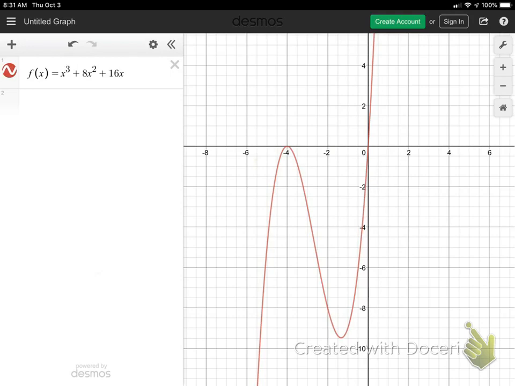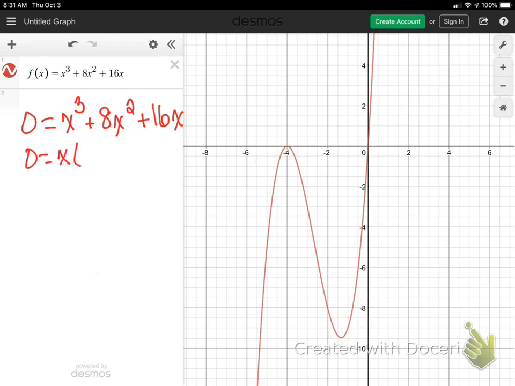So I'm going to take my f of x and set it equal to 0. I have x to the 3rd plus 8x squared plus 16x. And I know how to factor this. The first thing that I do is look for a greatest common factor that I can take out of all of it. What shows up in every single term? X. So I'm going to pull an x out.